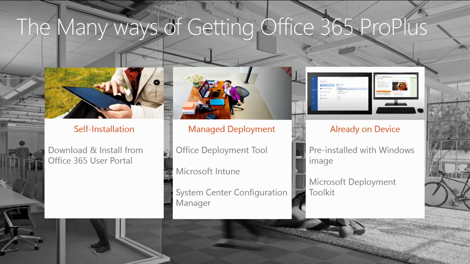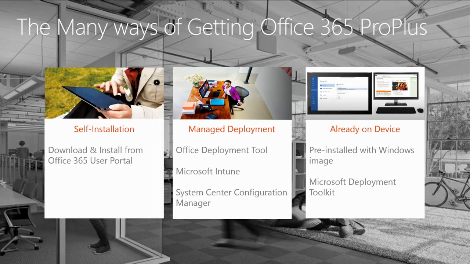So we want to be able to manage that type of deployment and distribute that within my environment. We can use what we call the Office Deployment Tool. I have a session on that tomorrow, which will go deep into that and talk about the different ways of configuring it. We can also use Microsoft Intune to deploy, where we would publish it into the catalog, and then your users can take it from there. Or, of course, System Center Configuration Manager. You can use that for deploying or technically any software distribution tool.